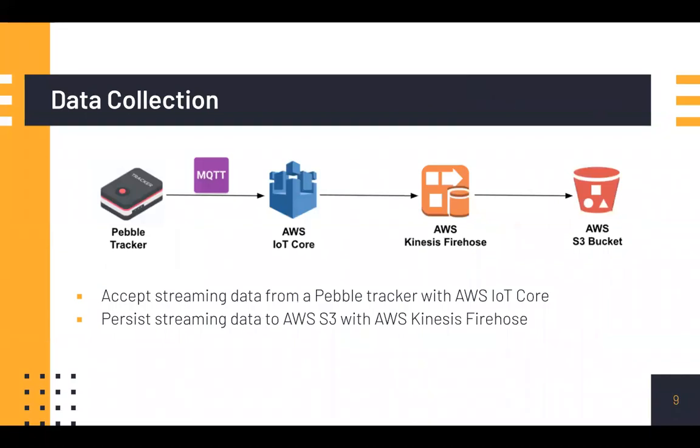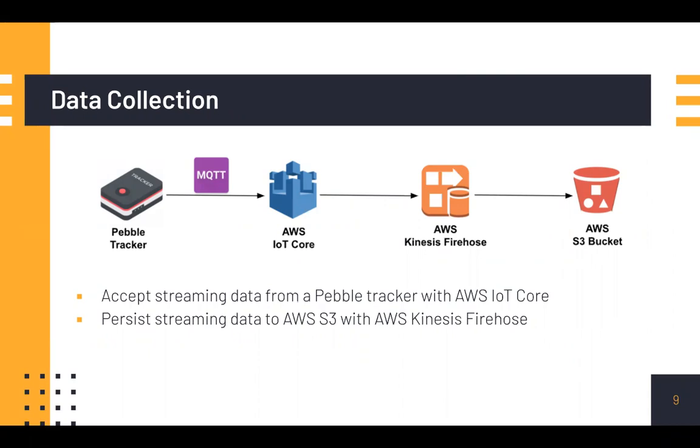Actually, when we implement all those components, we use a combination of the cloud and the blockchain. In terms of data collection, it's very simple. The Pebble tracker will send the data it collected through the MQTT protocol to AWS IoT Core.